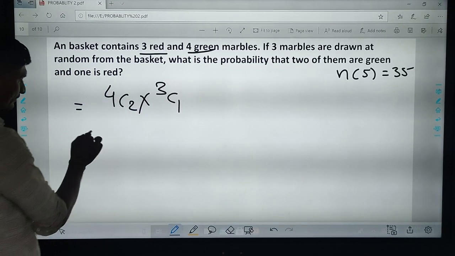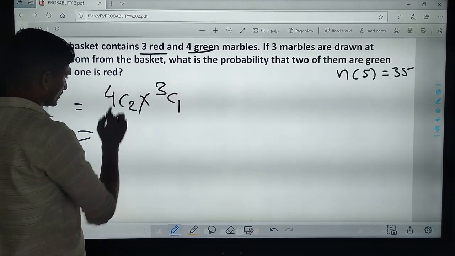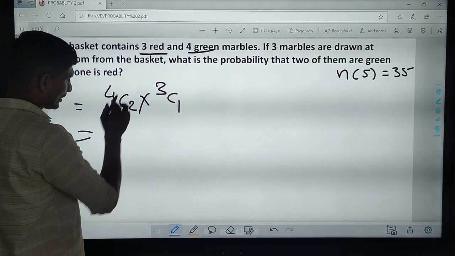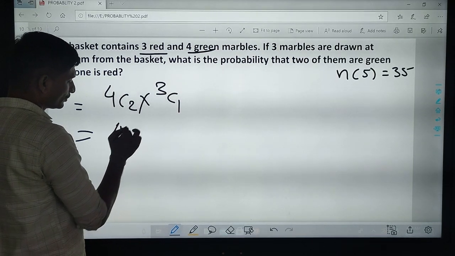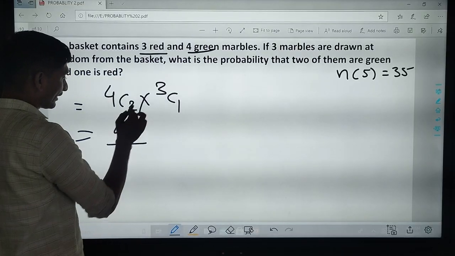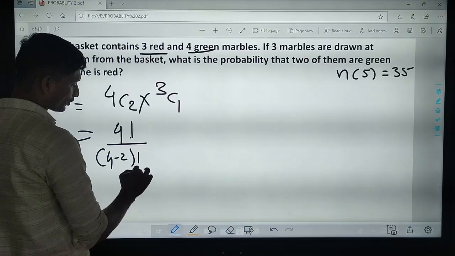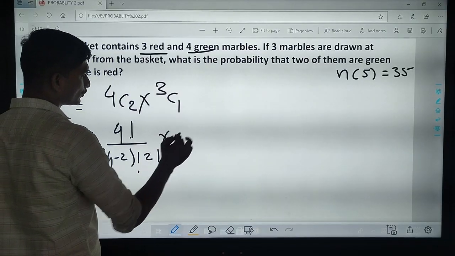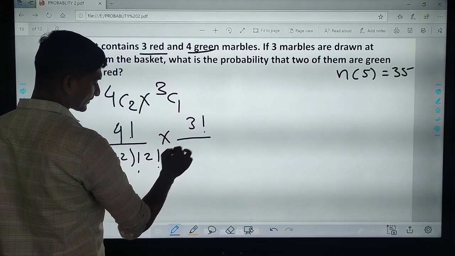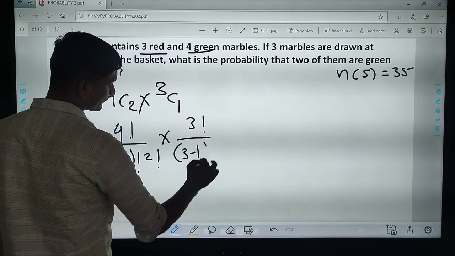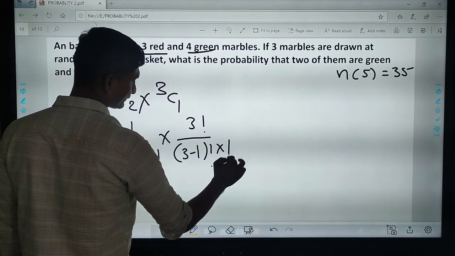Now here we find the value of 4C2. Then 4 factorial divided by 4 minus 2 factorial into 2 factorial, into 3 factorial divided by 3 minus 1 factorial into 1 factorial.